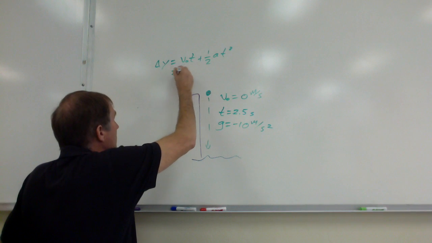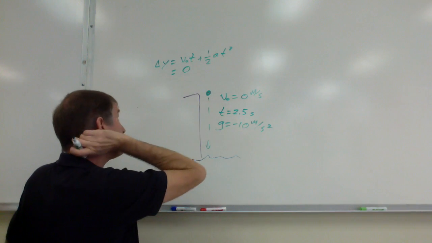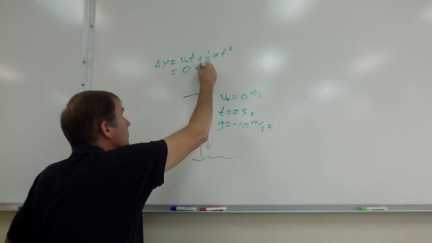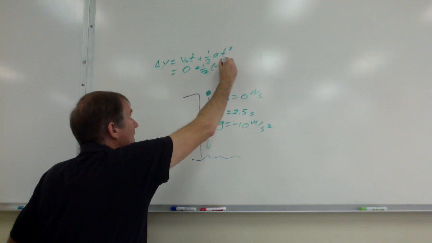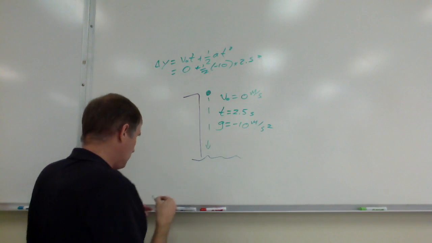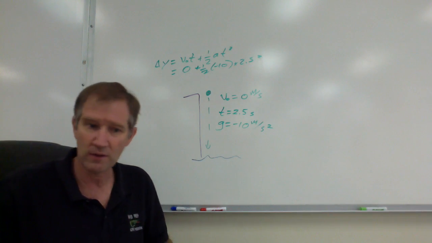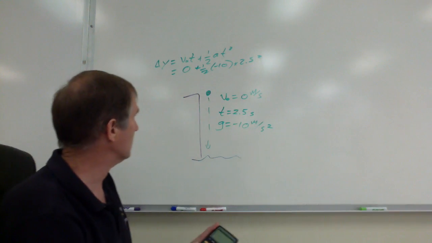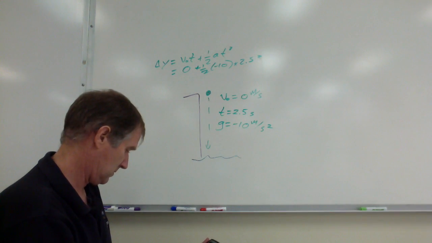So this is going to be 0, where 0 times time is 0, plus 1/2 times negative 10 times 2.5 squared. Well, 2.5 squared, don't forget the square of the time.